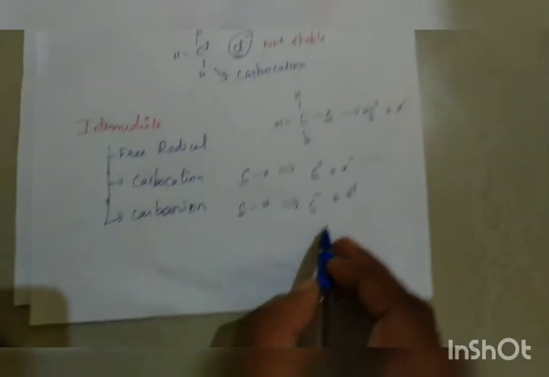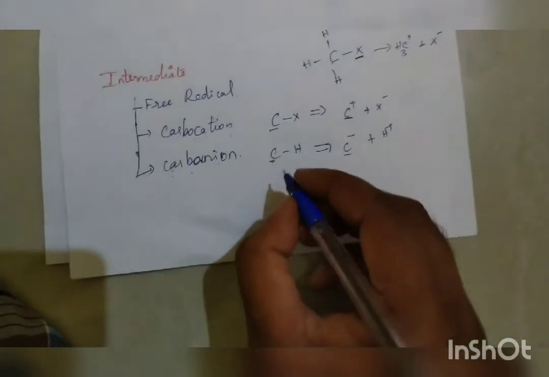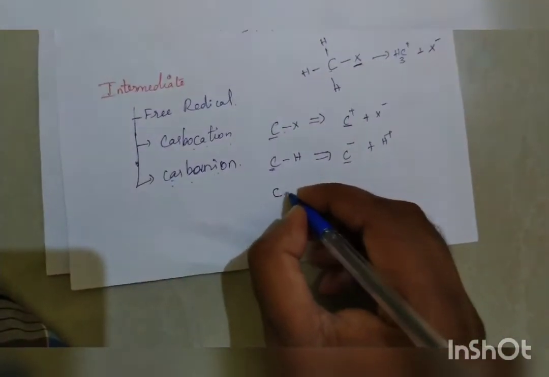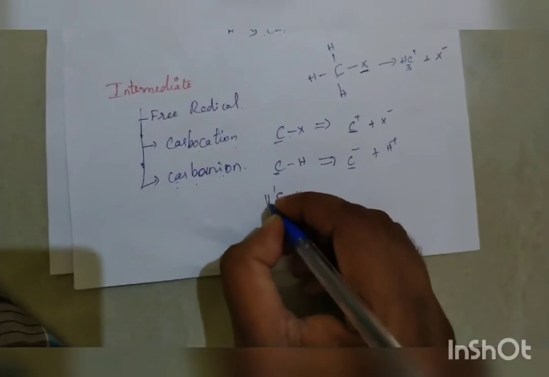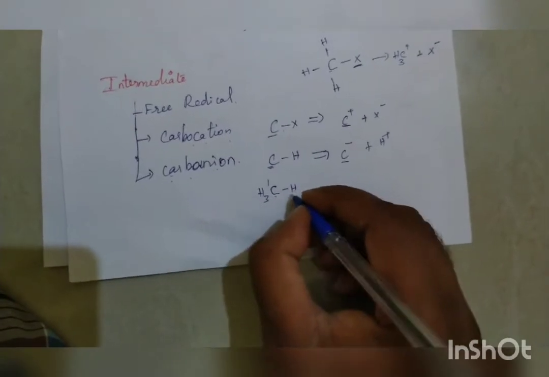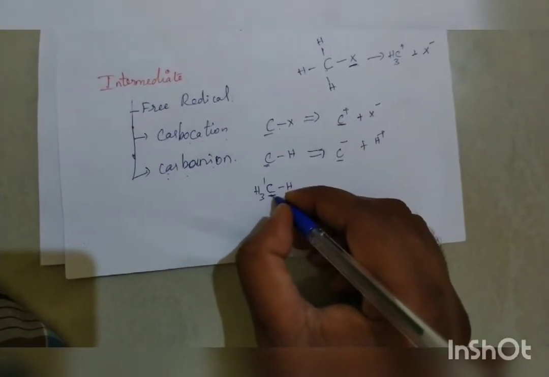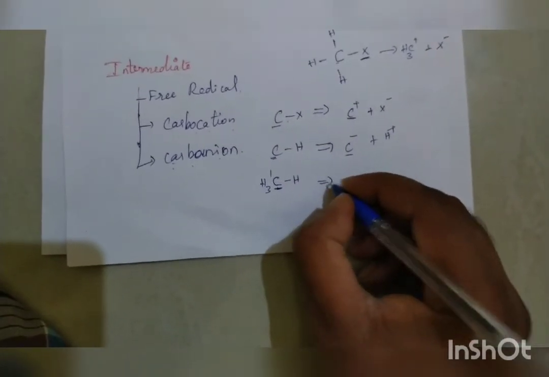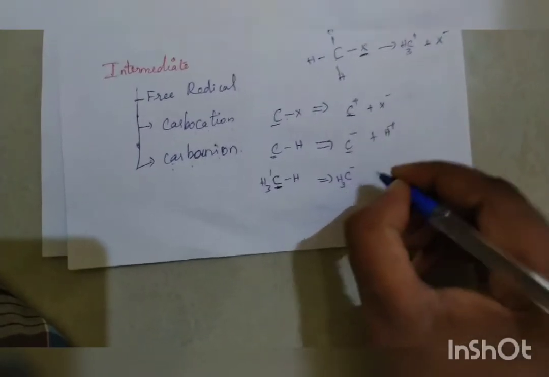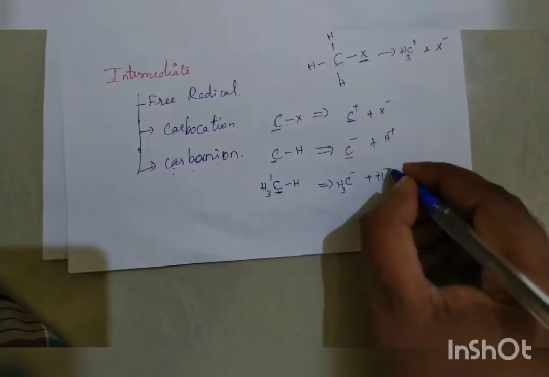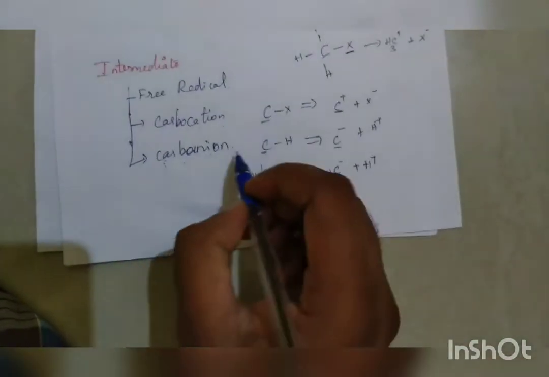Now here, what happened? Carbon and hydrogen: which is more electronegative compared to carbon? Carbon is more electronegative, so it becomes carbon minus, H plus. That is called a carbanion.